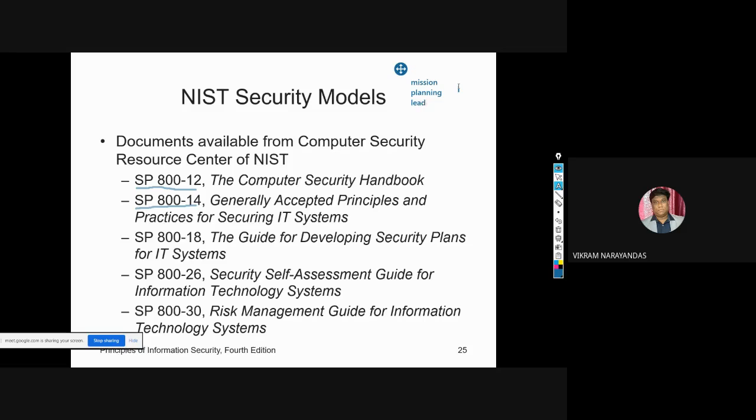Security is an integral element of sound management. Effective management includes planning, leading, and controlling.